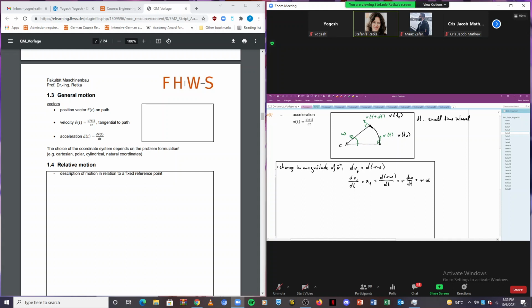Okay, now this is our first equation for the acceleration. We have a tangential acceleration.